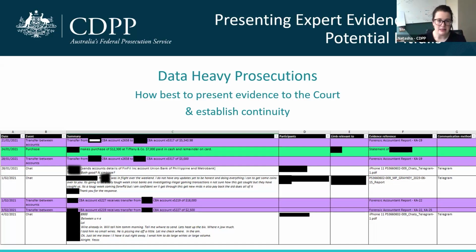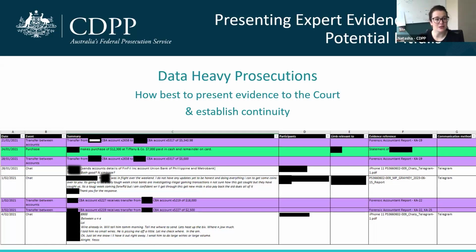You might be able to add in things to these tables like location data, surveillance evidence to show where they were when a particular communication was sent. While a volume of data can be overwhelming, when you properly digest it and present it, it can provide such a comprehensive picture of what a person's movements and communications were that it can be vital to your case.